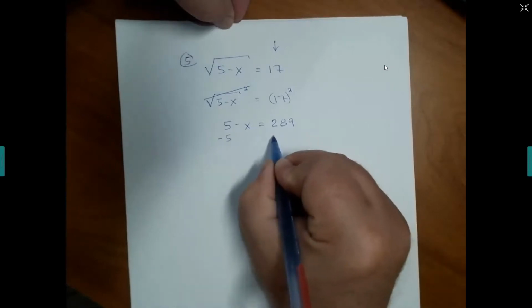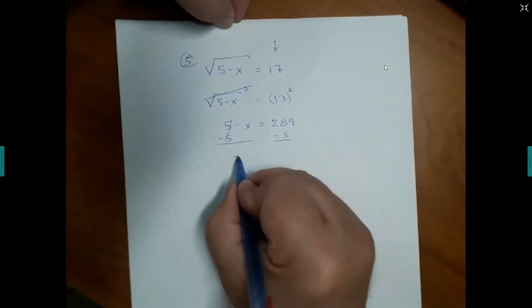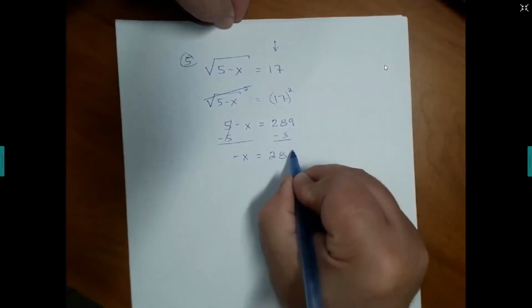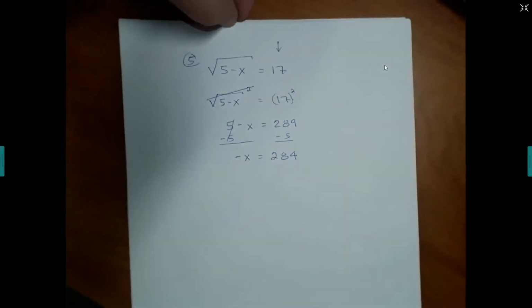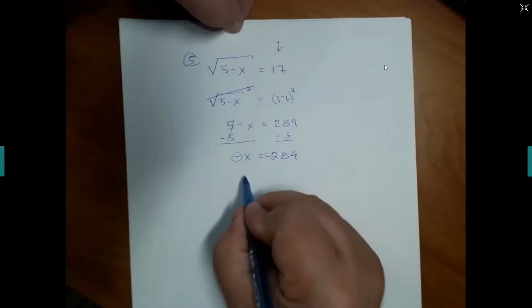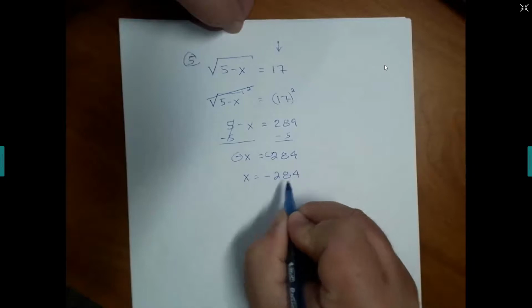Subtract 5. Negative x equals 284. Change the sign. So x is equal to negative 284.